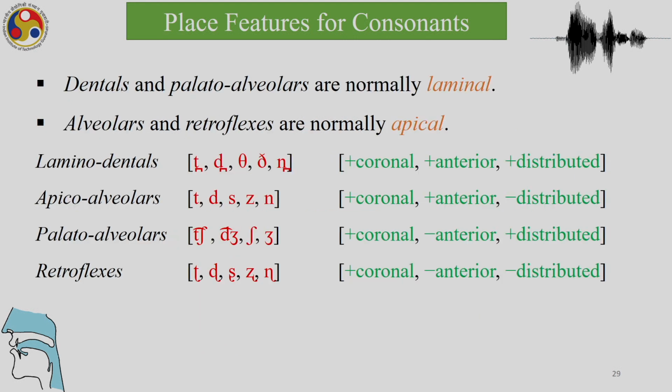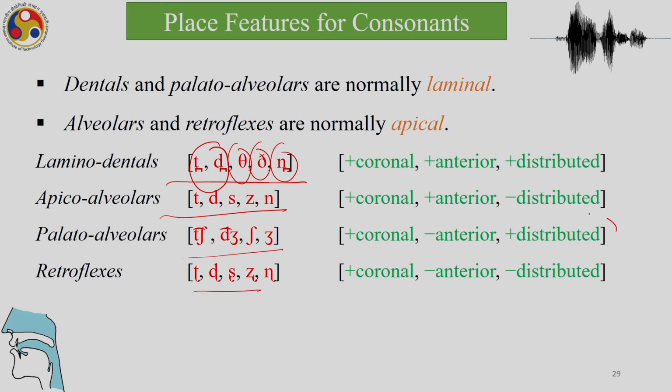Dentals and palatoalveolars are normally laminal. Alveolars and retroflexes are normally apical. So laminodentals are the dental stops, fricatives, and the dental nasal, and then we have the apicoalveolars, then the palatoalveolars, and then the retroflexes.